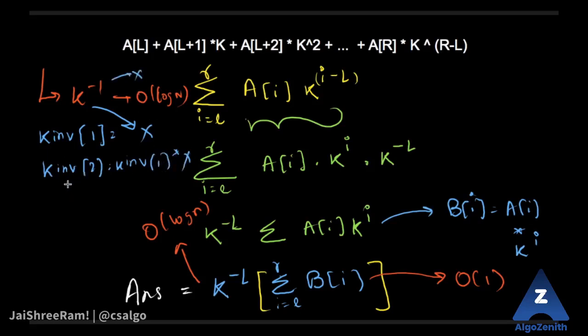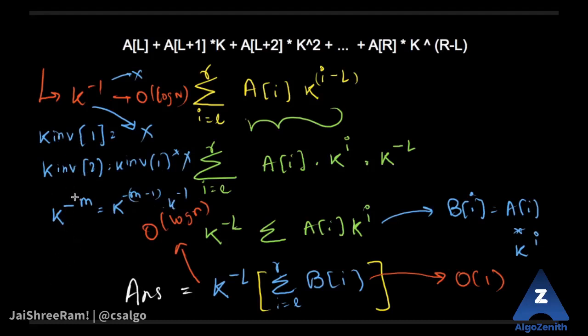So we know that k to the power minus m is equal to k to the power minus m minus 1 multiplied by k to the power minus 1, right? And this k to the power minus 1 is x, so you know that. And this you can calculate from the previously calculated value. So you can take that in order 1 and take this in order 1, and you can multiply and take modulo and just keep the value of k inverses in an array.